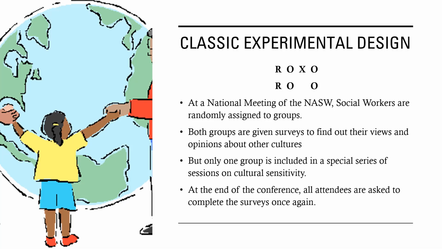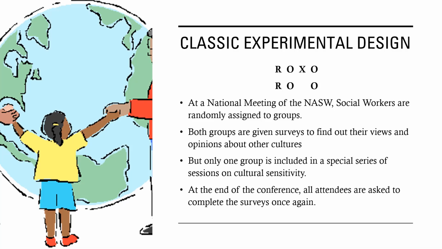That's the random assignment to either the experimental or the control group. So let's say that we have a researcher who is conducting research on a cultural sensitivity training, and they want to see the impact that this training has on training participants. So let's say that we have a researcher who is attending an annual meeting at the National Association of Social Workers.